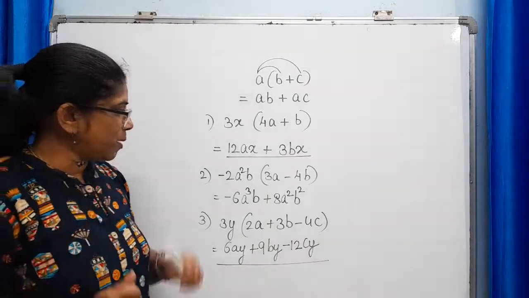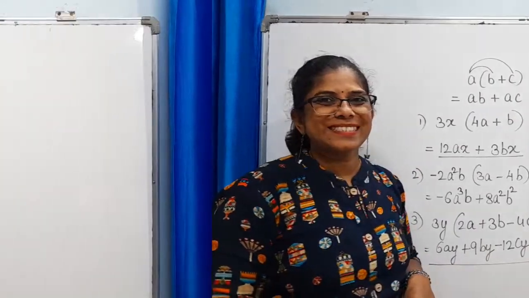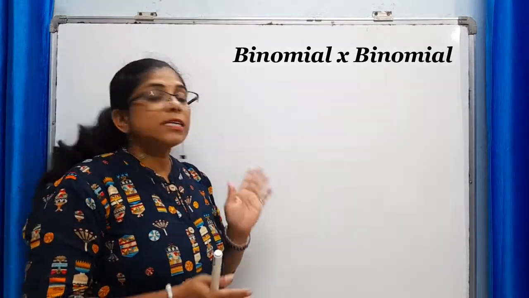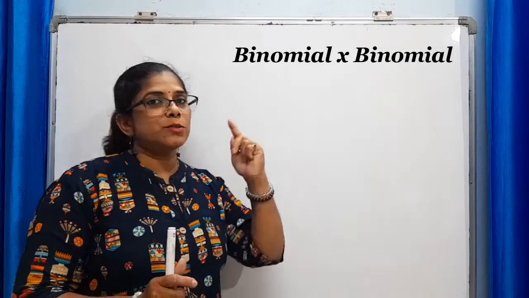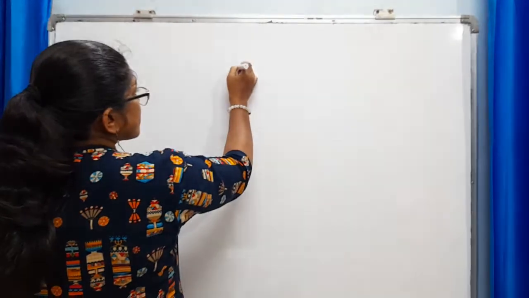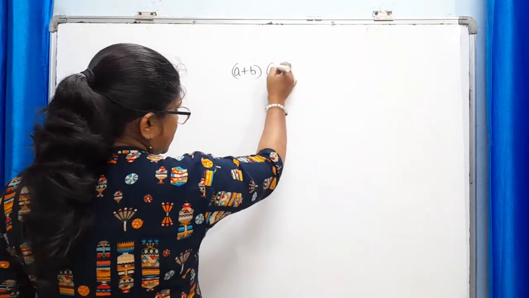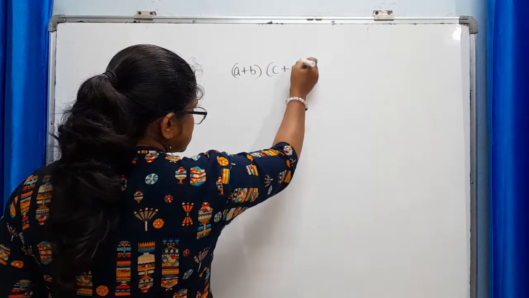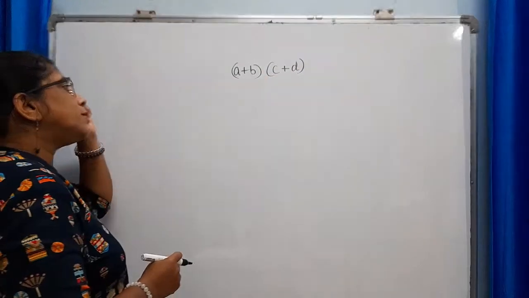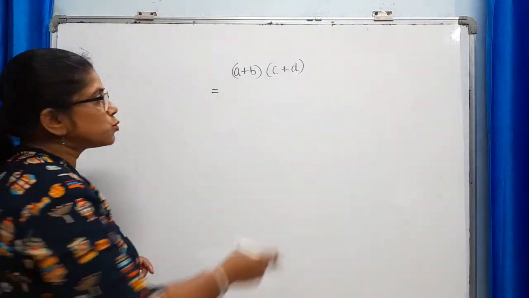Now let's move to binomial into binomial. It's an important concept. Now let's see how to multiply binomial into binomial. Again here we have one simple rule. (a plus b) into (c plus d). In this case what we have to do?